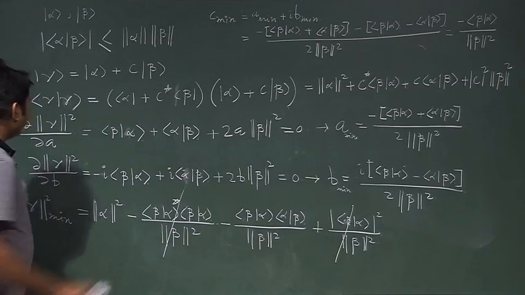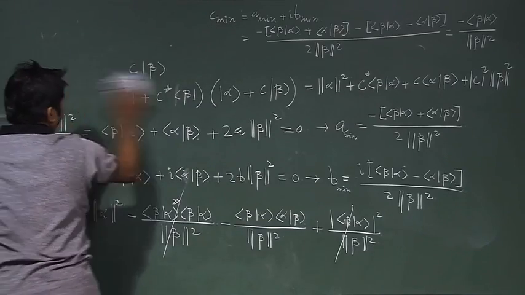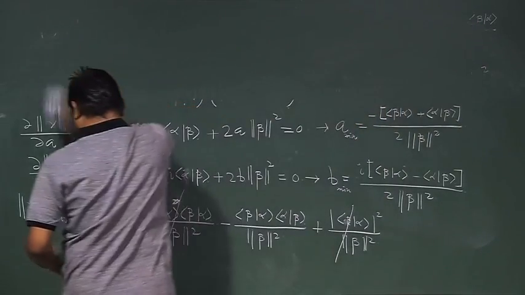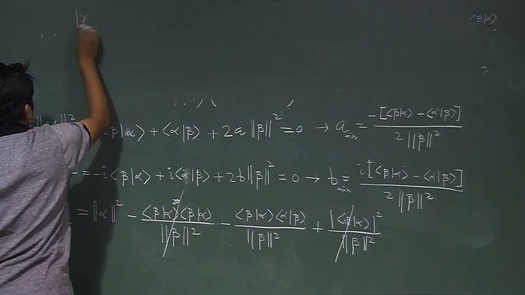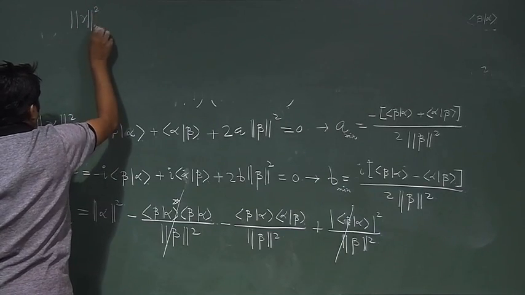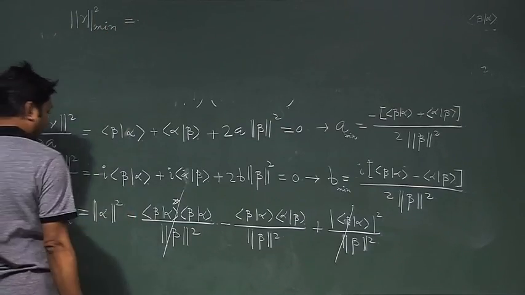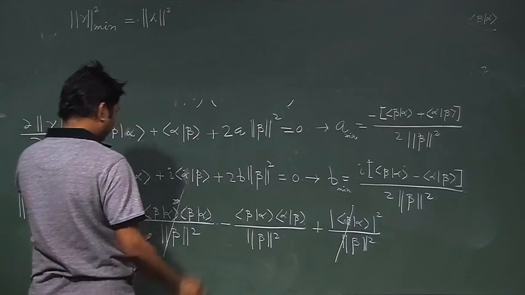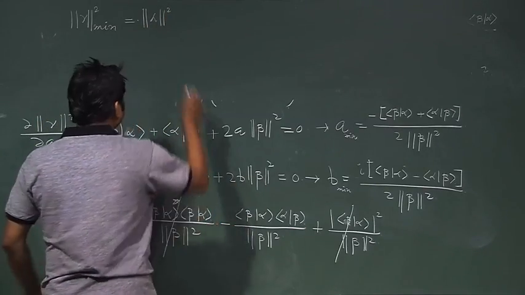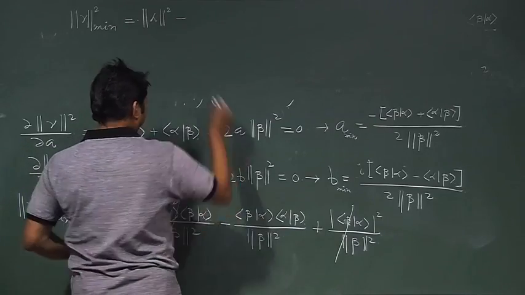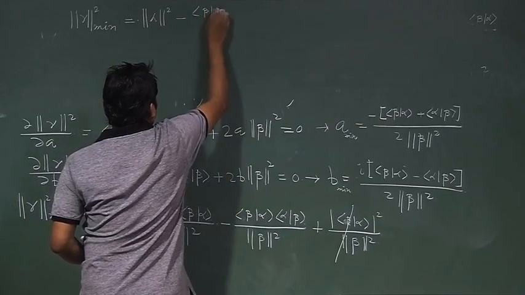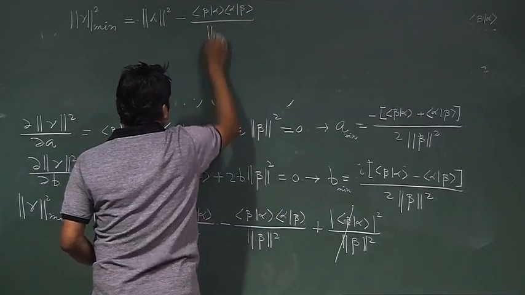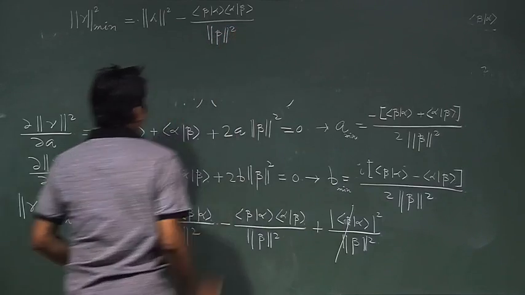So, finally, what I am getting essentially is a simple expression. Quickly let me show what I am getting: gamma square minimum is equal to alpha square minus this quantity, which is beta alpha multiplied by alpha beta, divided by mod of norm of this square.